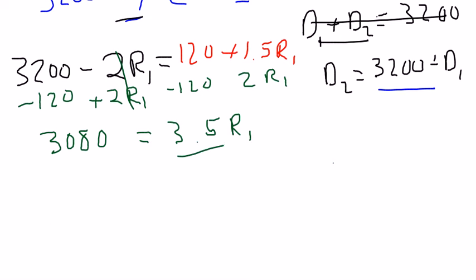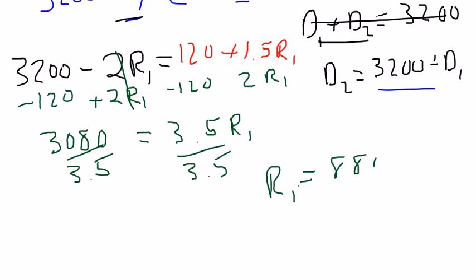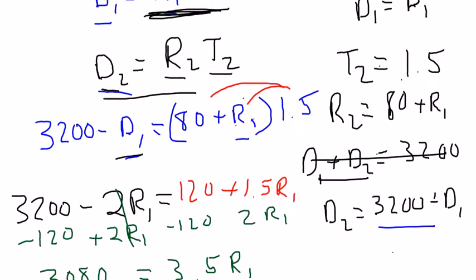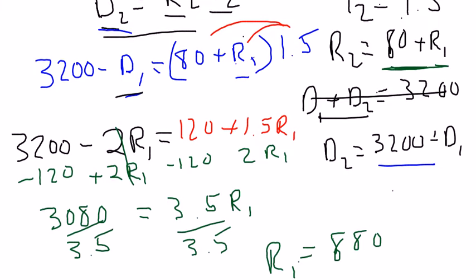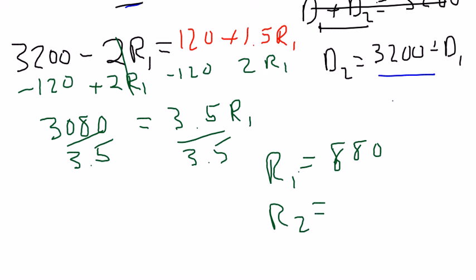Divide both sides by 3.5. 3,080 divided by 3.5 is 880. So R1 equals 880. R2 is R1 plus 80. So R2 is going to be 960. And these are both kilometers per hour.